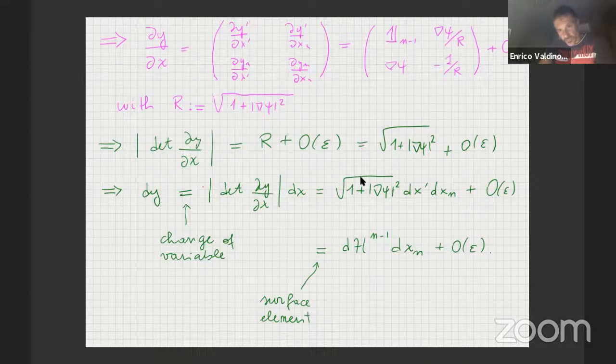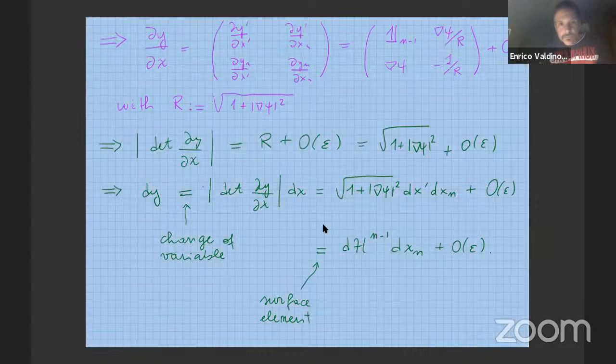So I can consider the first part here as a surface element, and then I have plus order of epsilon, fine.